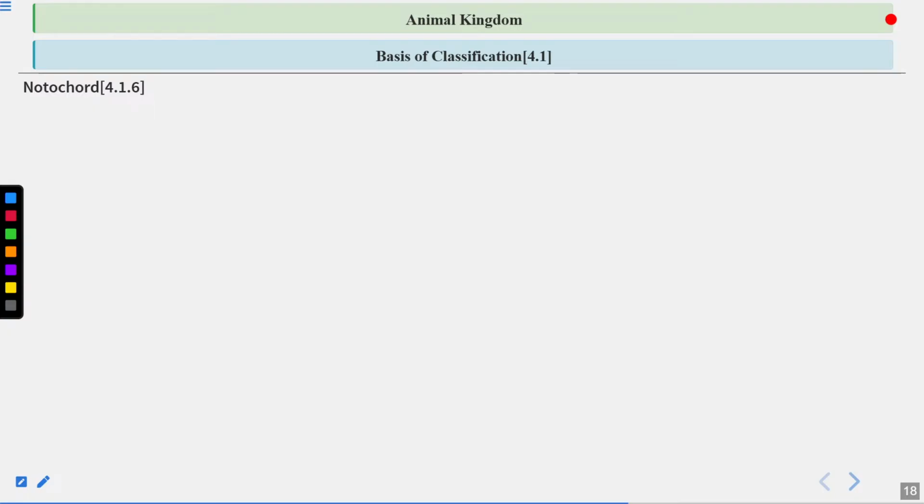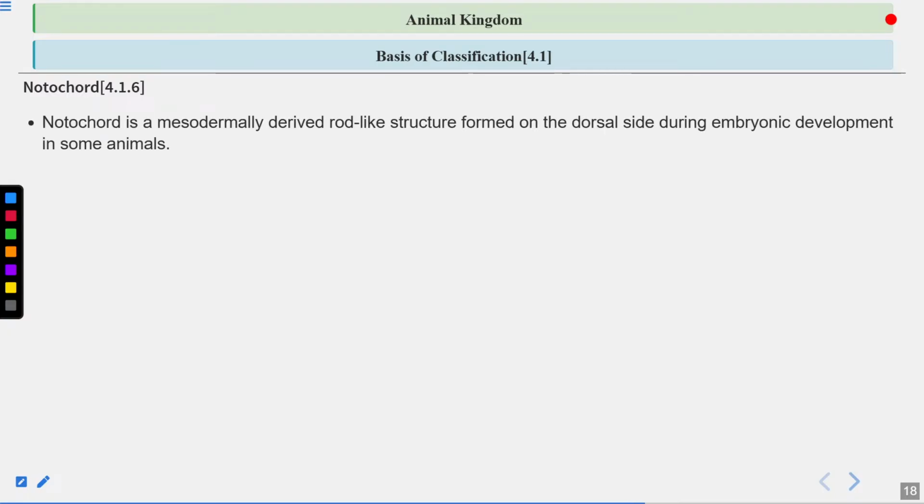Next fundamental feature is the notochord. The notochord is a mesodermally derived rod-like structure formed on the dorsal side during the embryonic development in some animals. So it is of mesoderm origin, rod-like, and present on the dorsal side, either in the embryonic stage or in the later advanced stage also.